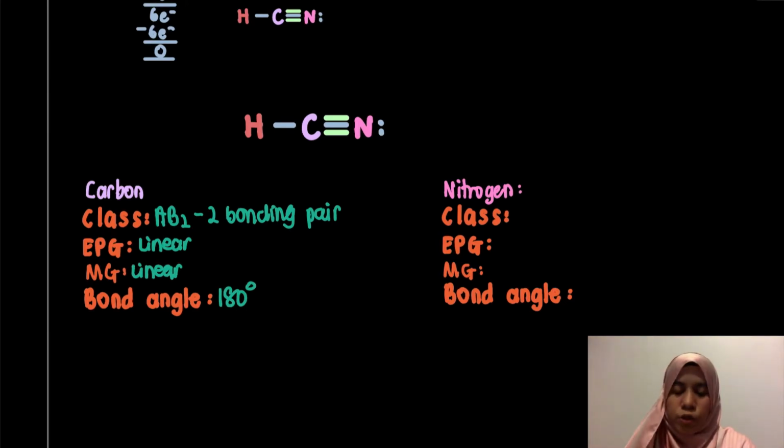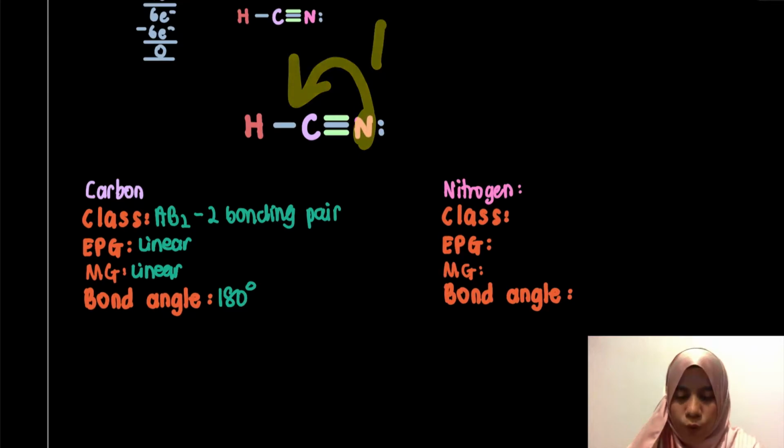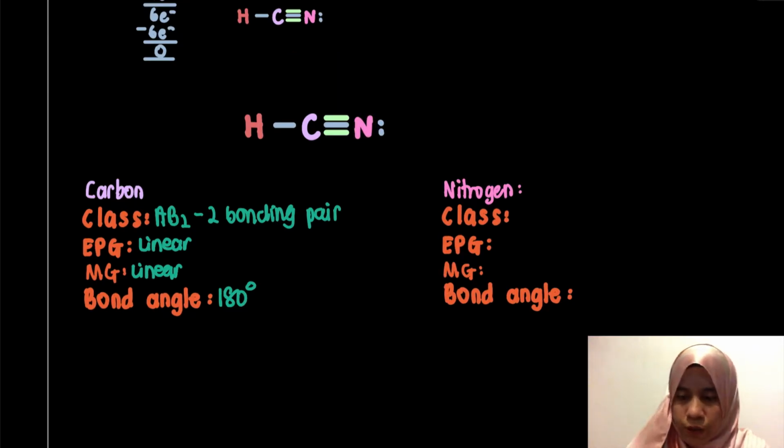So, how about nitrogen pula? Okay, nitrogen ni, so kita tengok dekat sini, our nitrogen is only bonded to 1 carbon. So, dia ada 1 bonding pair. So, AB lah. Ataupun nak buat AB1 pun no problem. And our nitrogen itself ni, dia ada lone pair kan. So, how many lone pair?